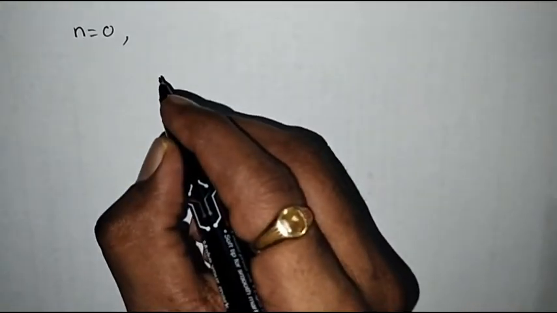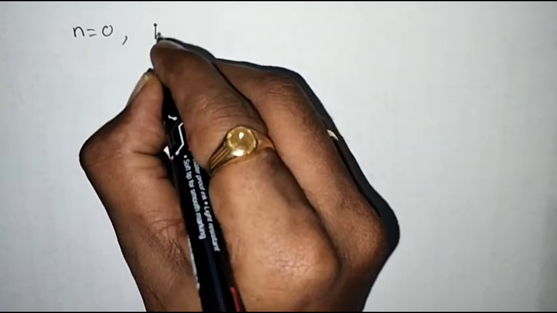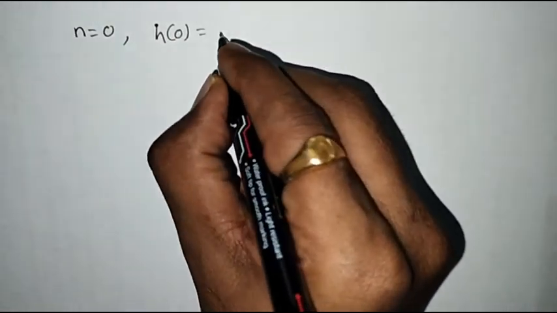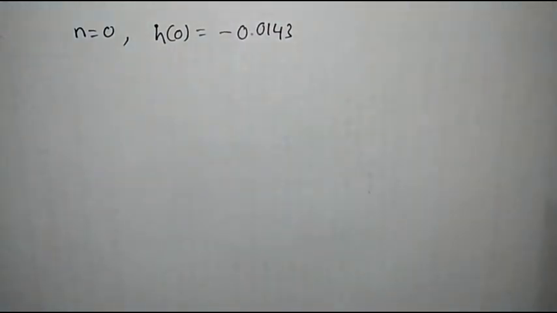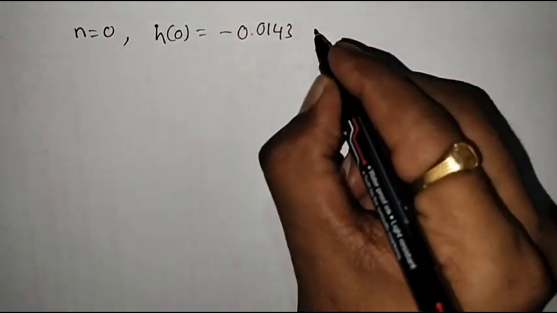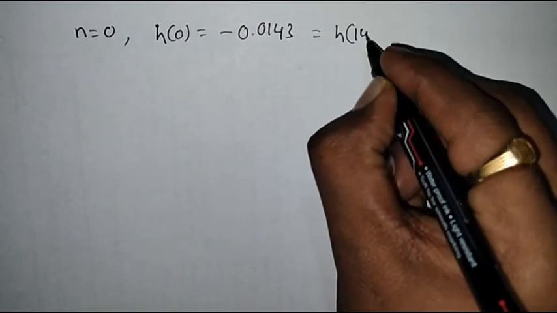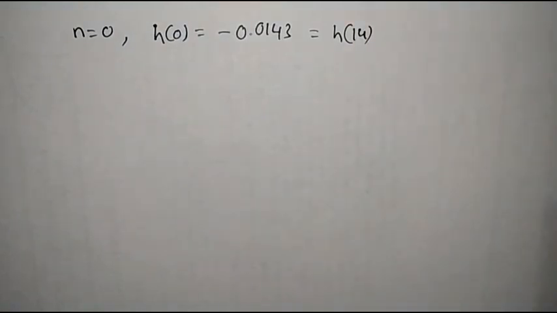Now by substituting n is equal to 0 in h of n, that is in the above equation, we'll get h of 0 is equal to minus 0.0143, which is also equal to h of 14, because h of 14 is the complex conjugate of h of 0.